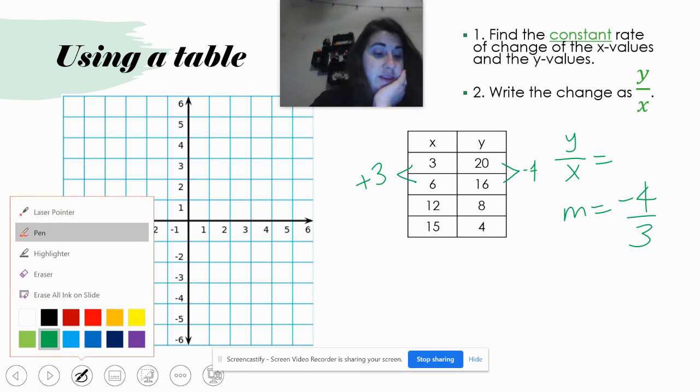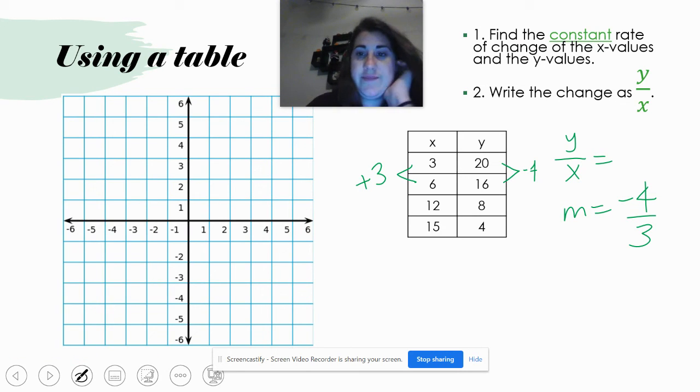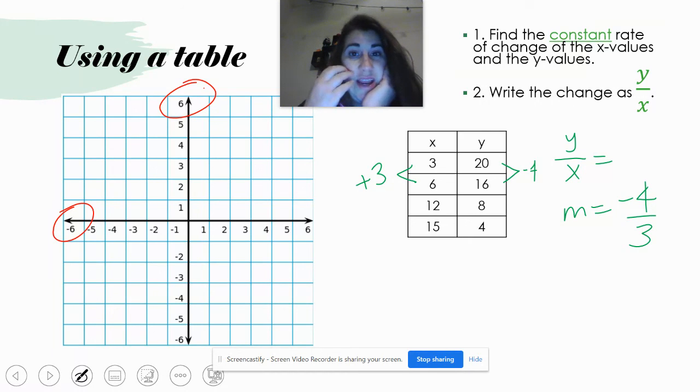So if I were to plot these, I can't really plot them on this graph, right? Because it only goes to 6. But could I have an idea of what this would be?